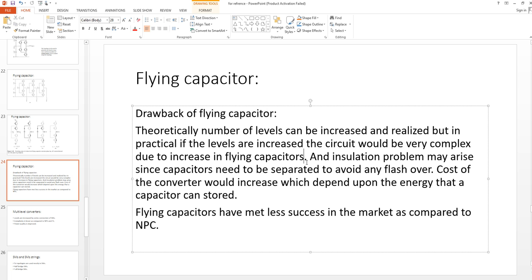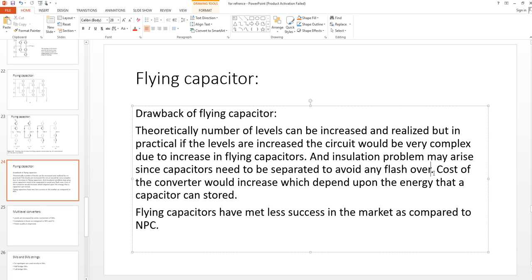Definitely, if we want to increase the number of levels so that the power quality of the converter is more, we have to increase the number of flying capacitors. And if we are increasing the number of flying capacitors, our circuit will be very complex. And it says that insulation problem may arise since the capacitors need to be separated to avoid any flashover.